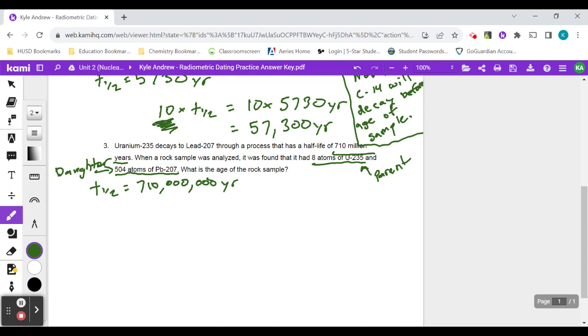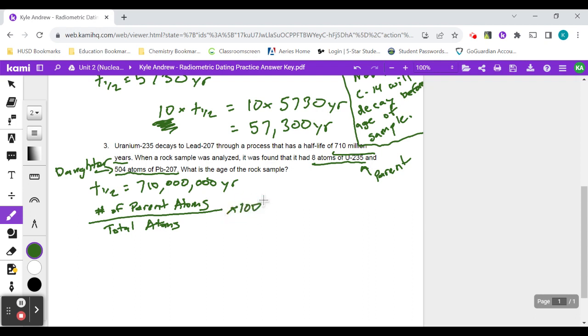To do that, we're going to take the number of parent atoms divided by total atoms, because remember that all of these atoms used to be uranium-235. So the total will be how many atoms of U-235 were there at the start. And then we're going to multiply this by 100.